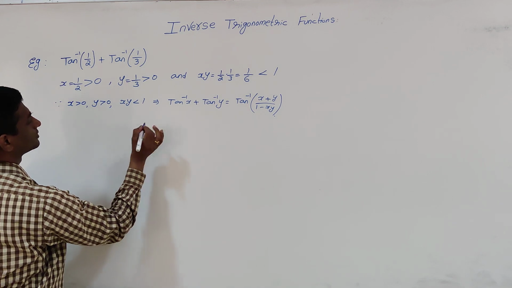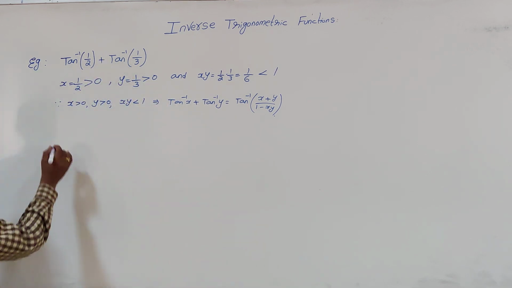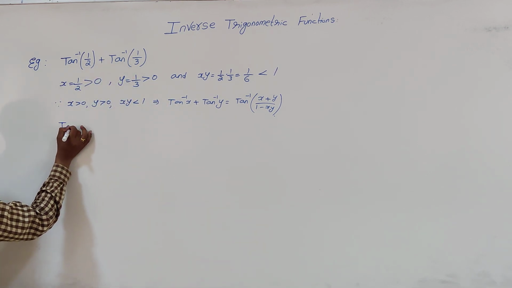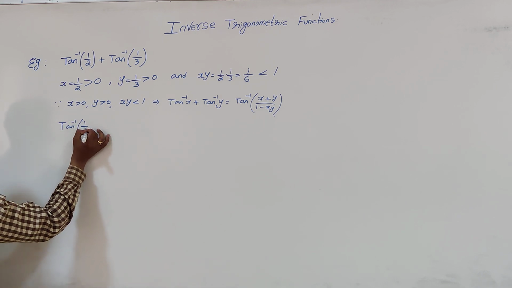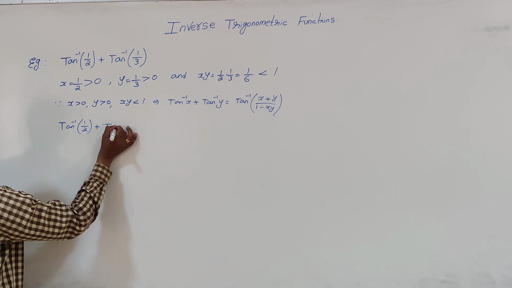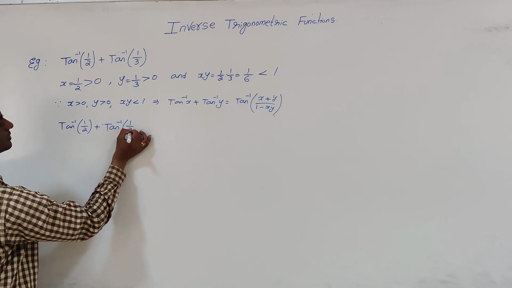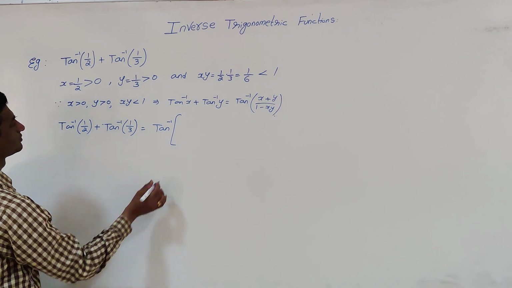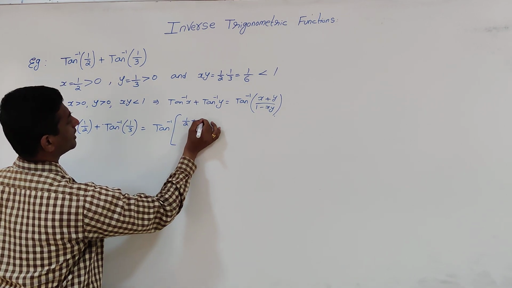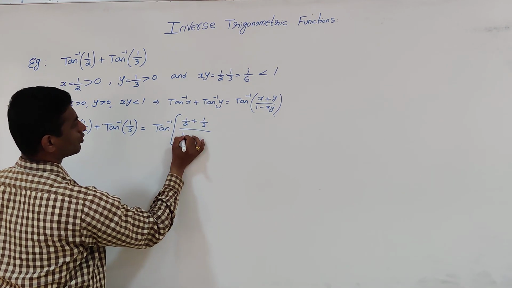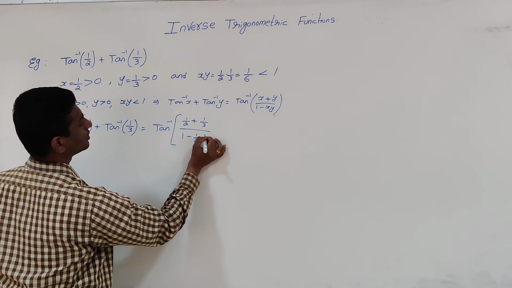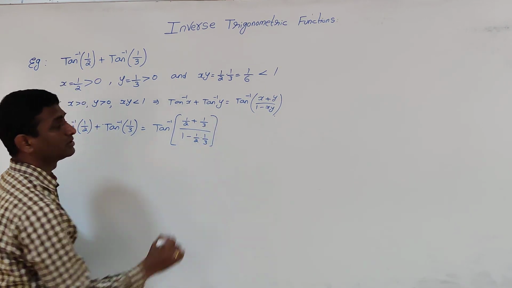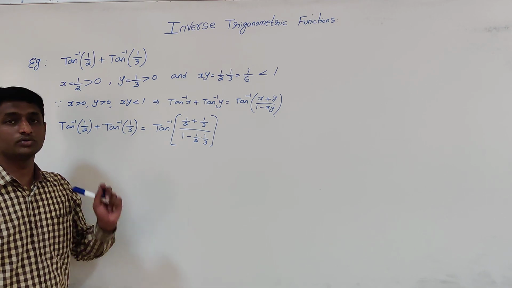Therefore, based on this formula, tan inverse of 1 by 2 plus tan inverse of 1 by 3 is equal to tan inverse of 1 by 2 plus 1 by 3 by 1 minus 1 by 2 into 1 by 3. In the calculation part, you should be thorough.